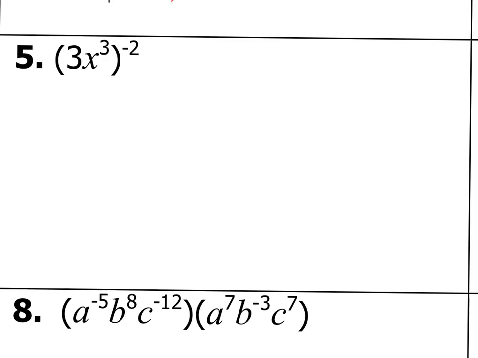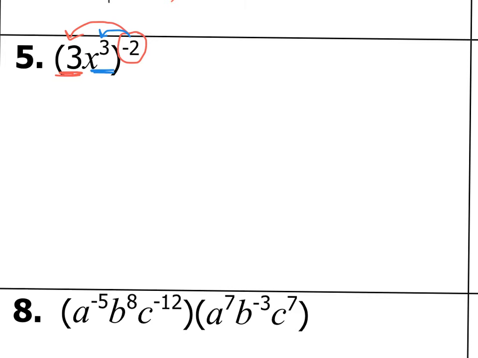All right, let's try number 5 together. So number 5, here I have in parentheses 3x to the power of 3 raised to the power of negative 2. So first thing I'm going to do is remember that when I have an exponent outside of the parentheses, that gets distributed to both terms.